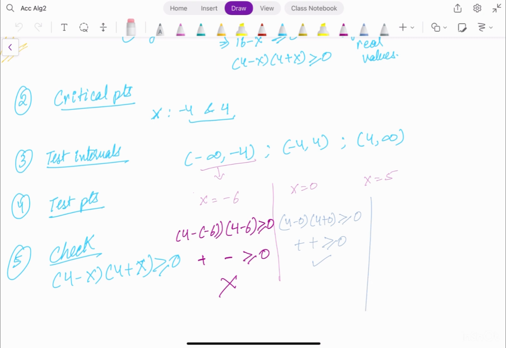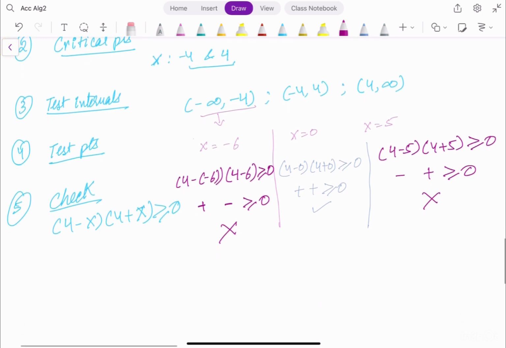So we have 4 minus 5 and 4 plus 5. Now 4 minus 5 will give you a negative value, but 4 plus 5 will give you a positive value. So here we are with the mixture of negative and positive, and when they interact it is a negative, so it is not a possibility.